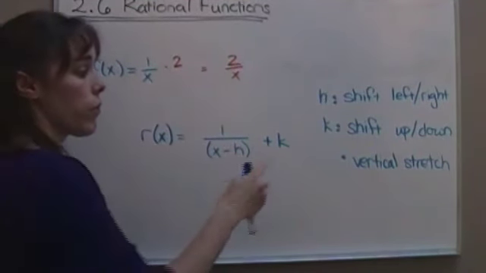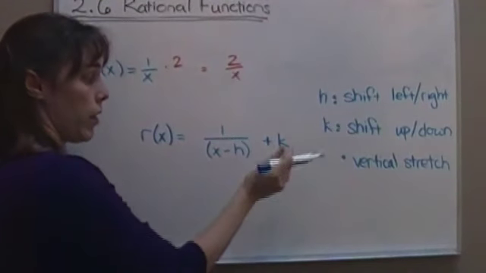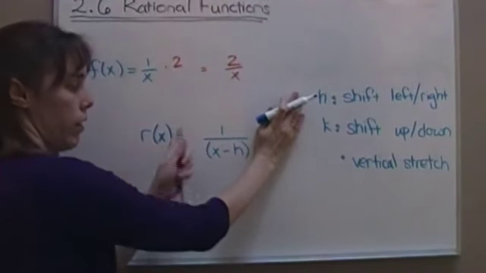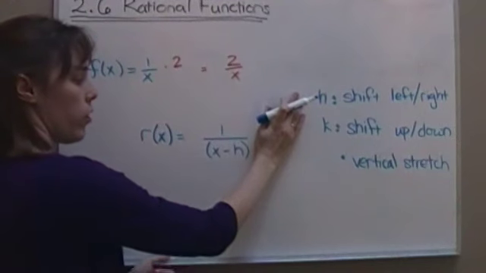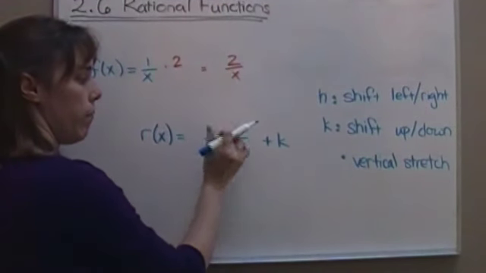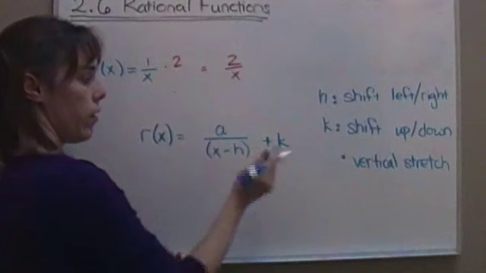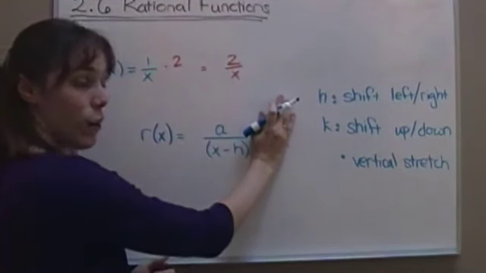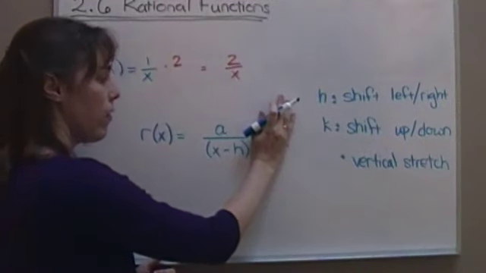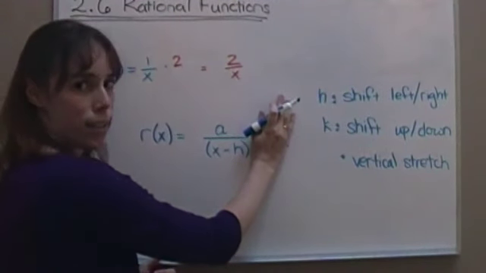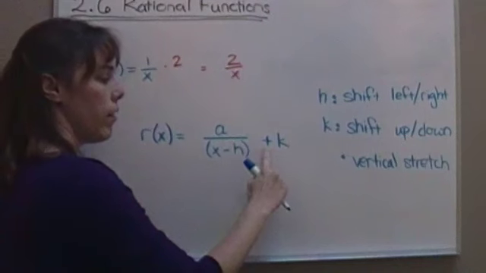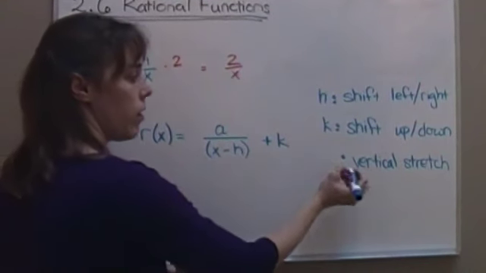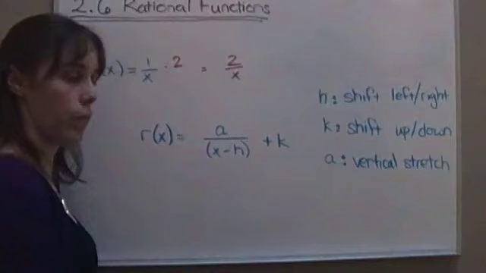If I multiplied it by 5, I'd get 5 over x. I would want to do this vertical stretch before I did my shift, so pretend that's not there. If I want to do a vertical stretch here, instead of 1, I'm going to put a. Multiply that function by a value. Could be 5, negative 2, 3.6, doesn't matter. And then when I add something to it, that'll move it up and down.